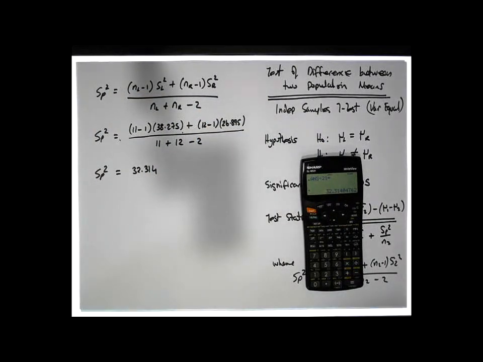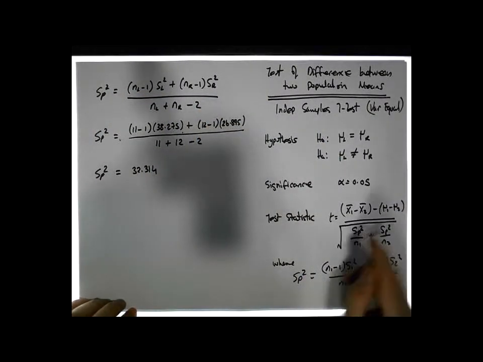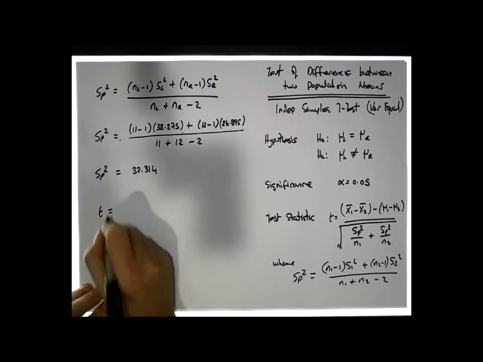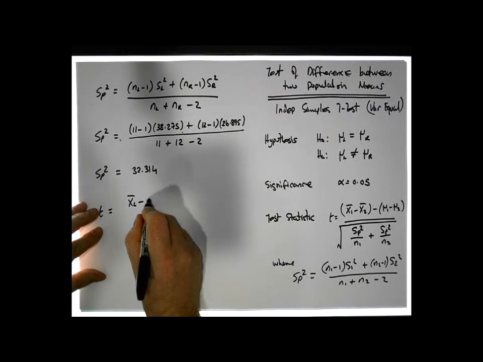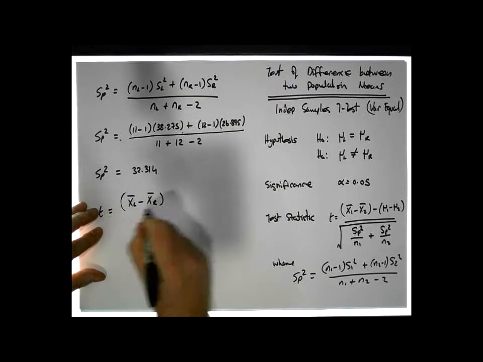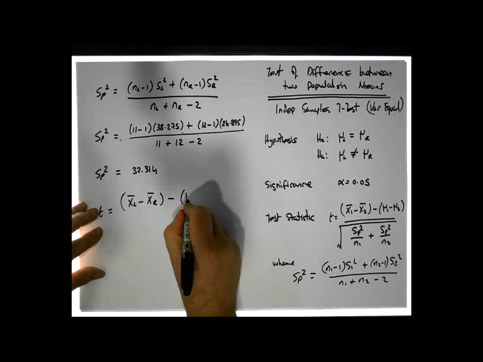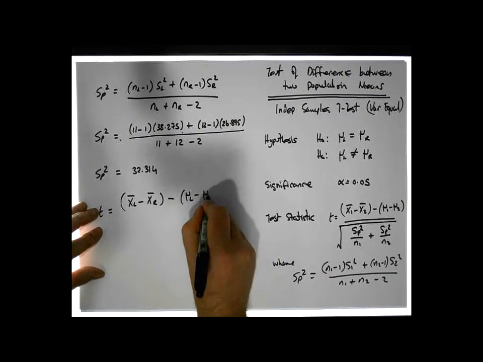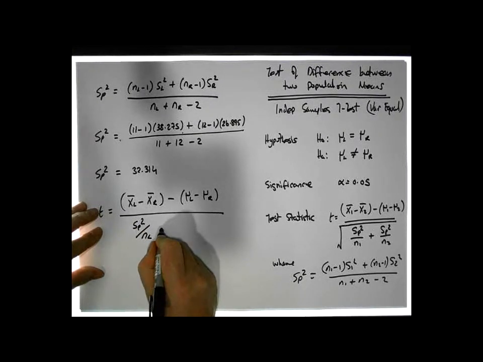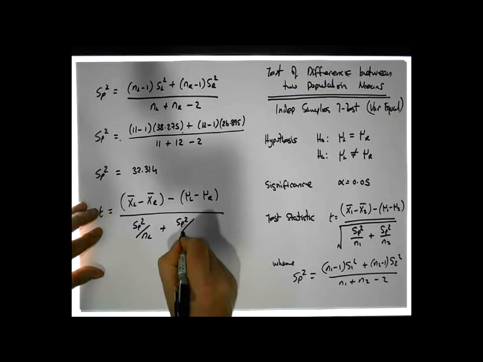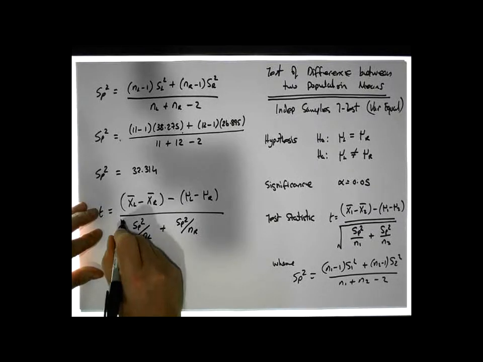So now the test statistic, or t value, is equal to x bar of the left-handers minus x bar of the right-handers, minus mu of the left-handers minus mu of the right-handers, divided by the square root of sp squared over the sample size of the left-handers plus sp squared over the sample size of the right-handers.